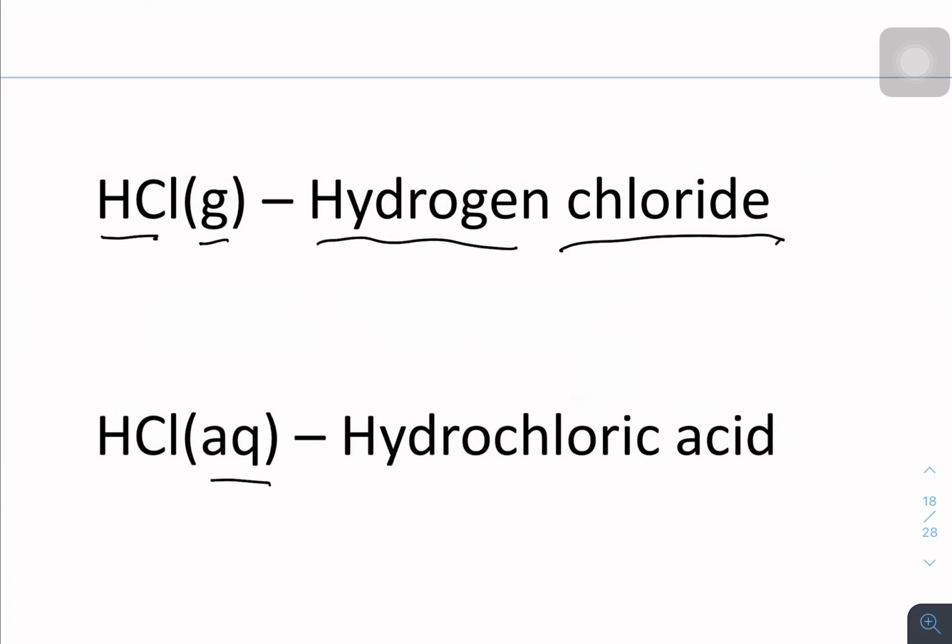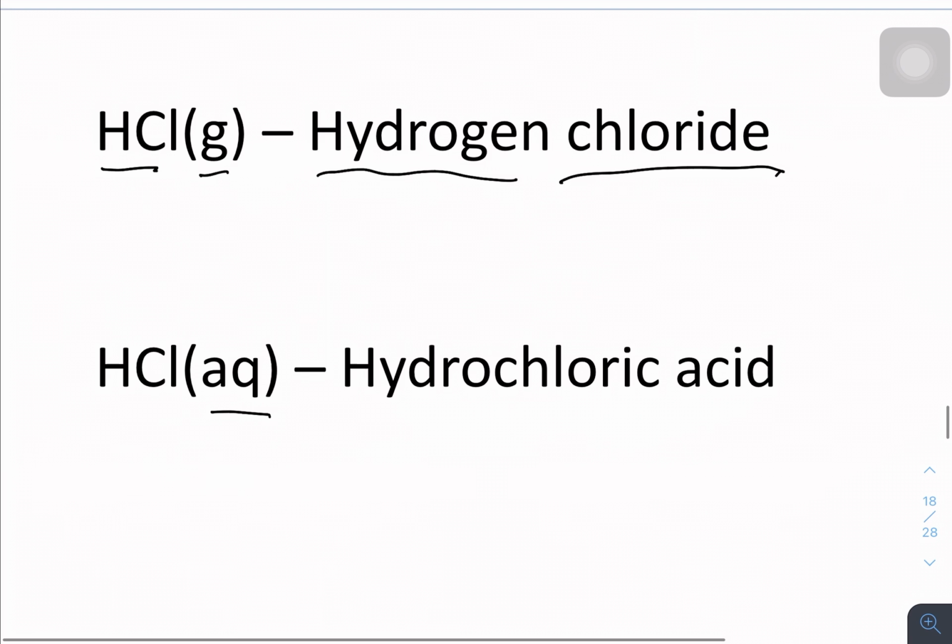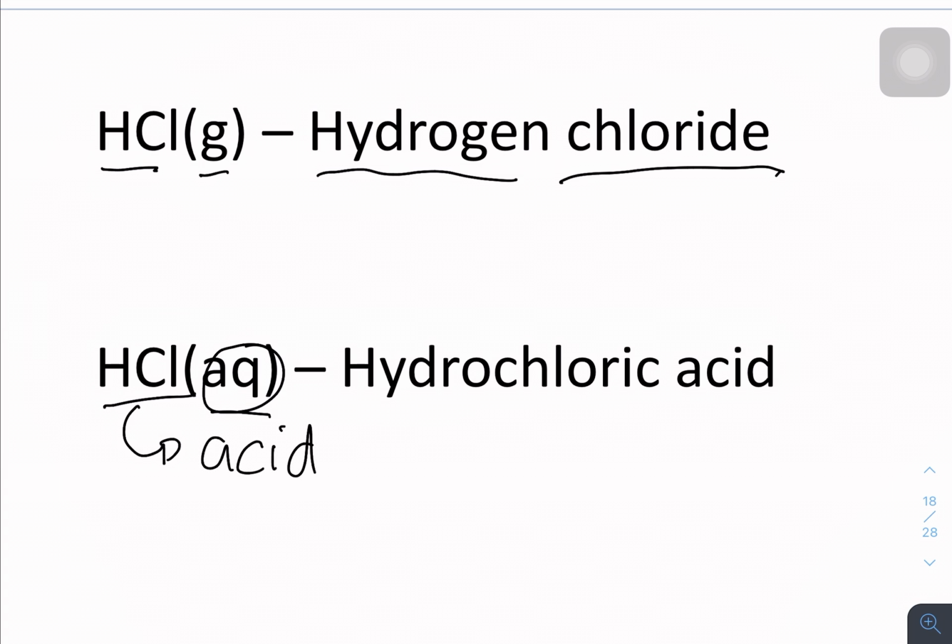That is the more appropriate name for the gas form of binary acids, if they are not dissolved in water. Since HCl in water is in aqueous form, it is implied that this is an acid, a binary acid specifically. So you will name this one hydrochloric acid.